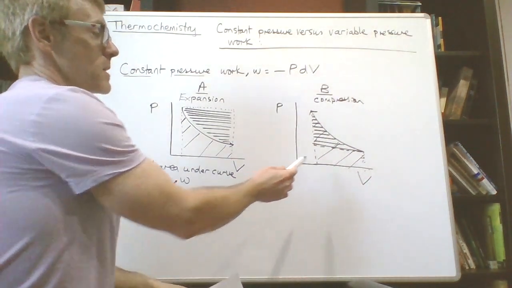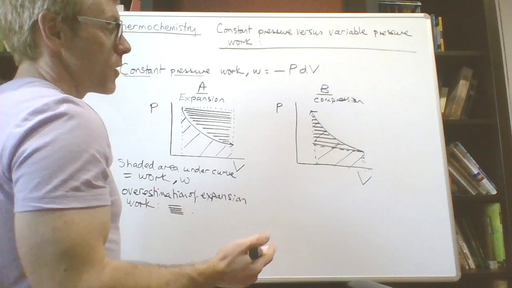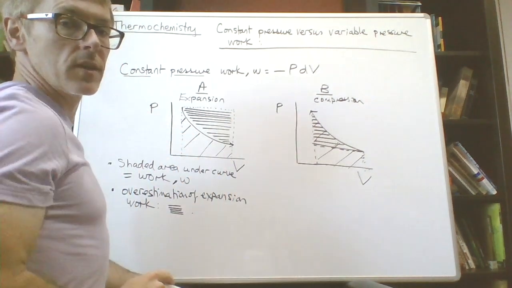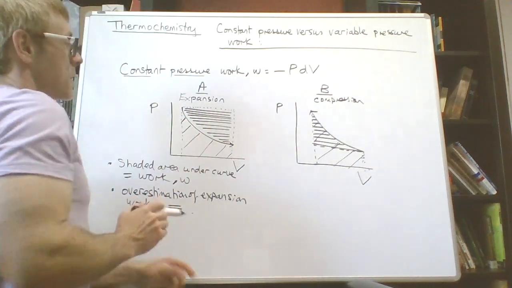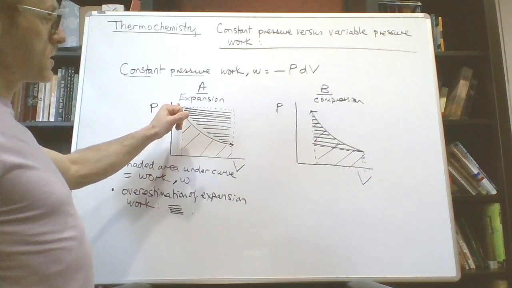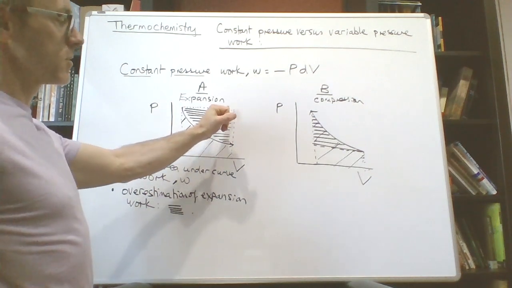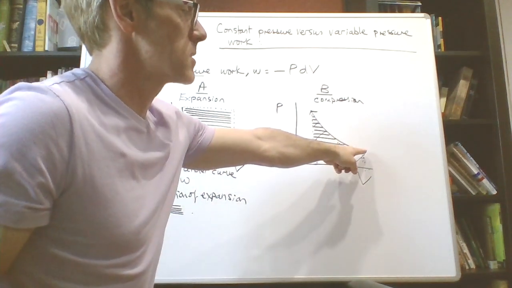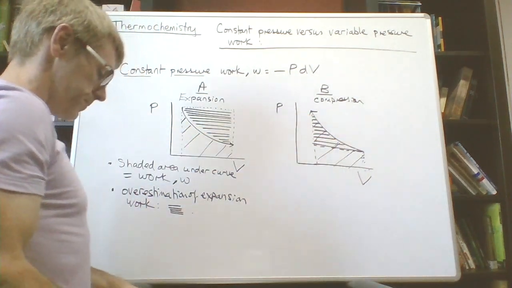So I'm only going to measure the shaded region if I use the wrong equation. So in this case, I'm going to underestimate because I'm not going to account for the change over here. I'm assuming here at the start, my pressure doesn't change, so I'm going to underestimate.